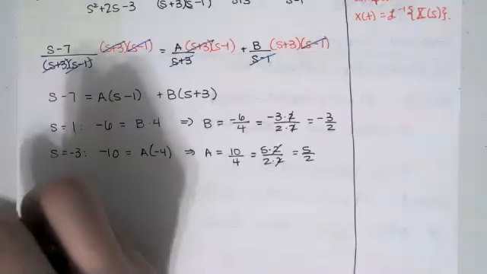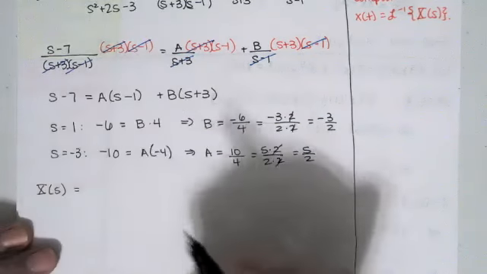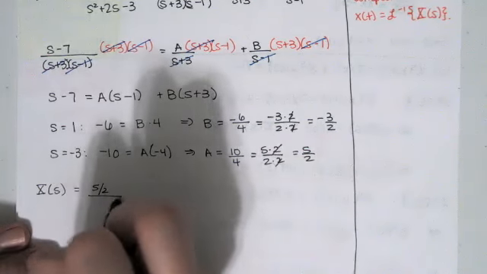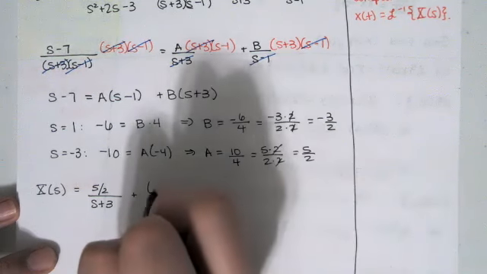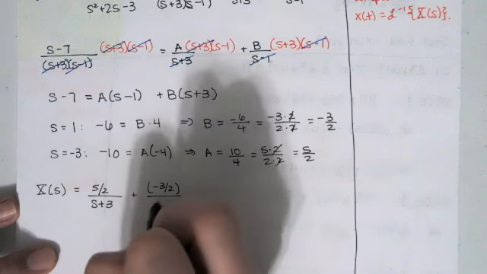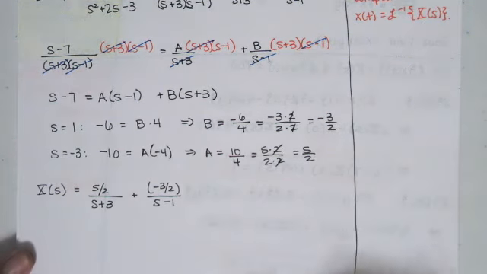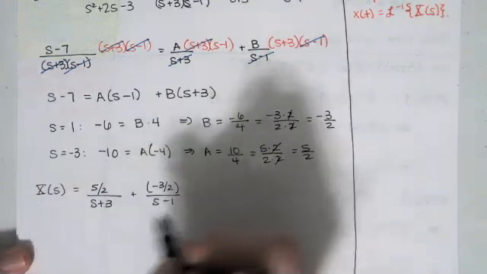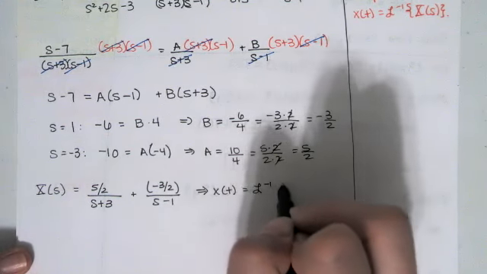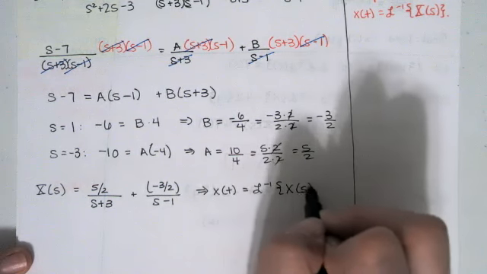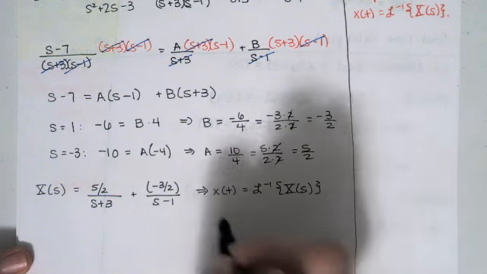So it turns out that X(s) is equal to A, which is 5/2, over (s + 3), plus B, which is negative 3/2, over (s − 1). And that makes it really easy to compute the inverse transform. So little x(t) is the inverse transform of capital X(s).